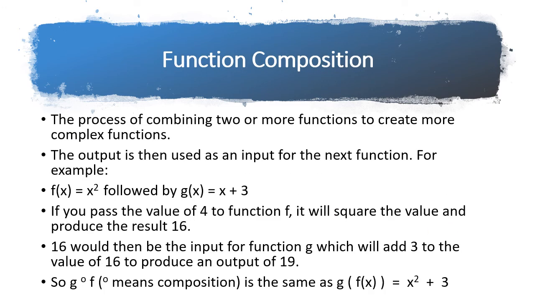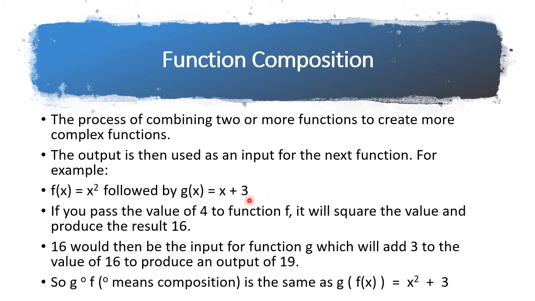Function composition is the process of combining 2 or more functions to create a more complex function. The output of the first function is used as the input for the next function. Imagine we have these two: function f takes the value of x and squares it, and function g takes the value of x and adds 3 to it.